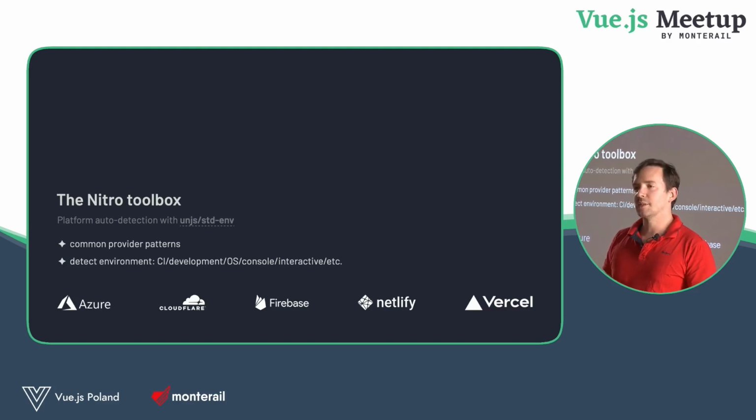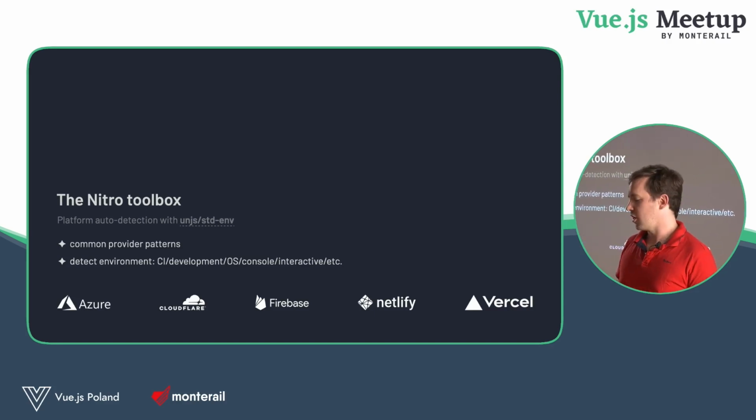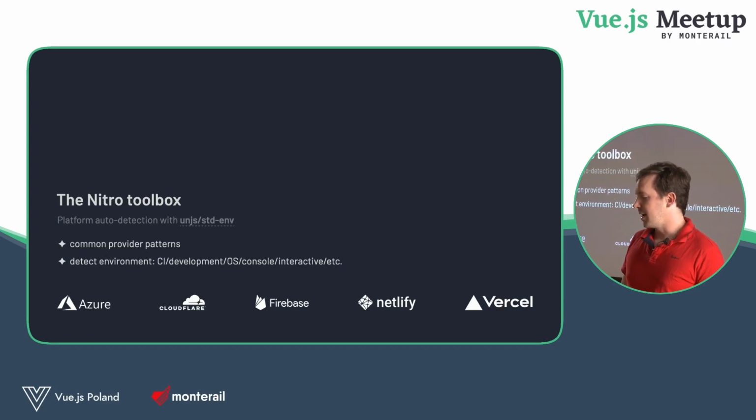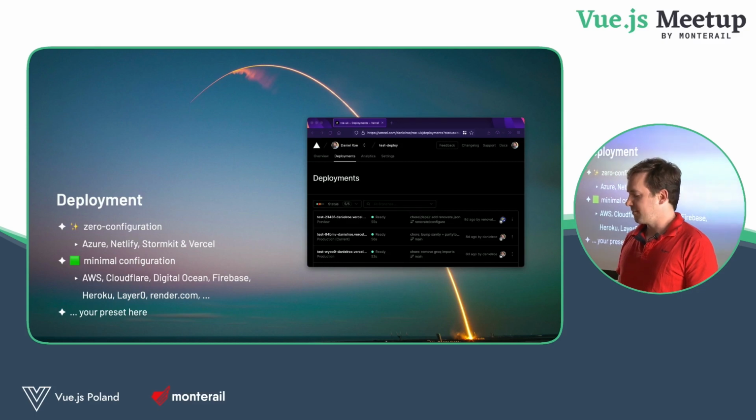But it also is able to tell us what provider you're running. So we have zero configuration for a Nuxt 3 application on Azure, on Netlify, on Vercel, and then tiny minimal configuration, i.e. a configuration file you can copy and paste, for Cloudflare, Firebase, AWS, etc.